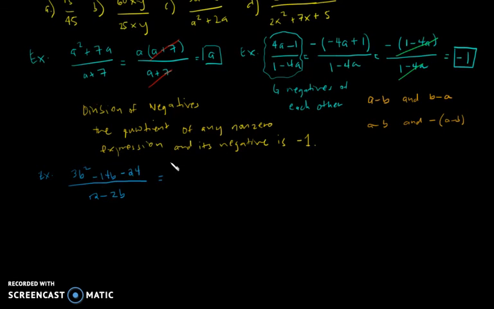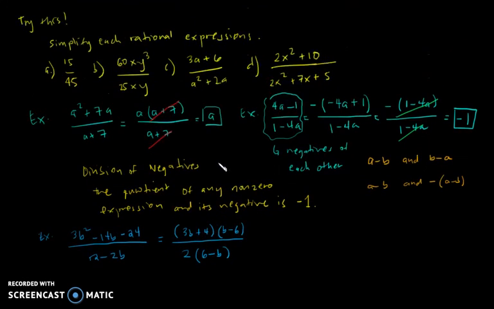This gives me 3b plus 4 quantity b minus 6. If you are well familiar with the factoring concepts and techniques, you could easily get this answer. All over, this is 12 minus 2b, so the common factor is 2, then the remaining factor would be 6 minus b. Now I want you to take a look at this part.